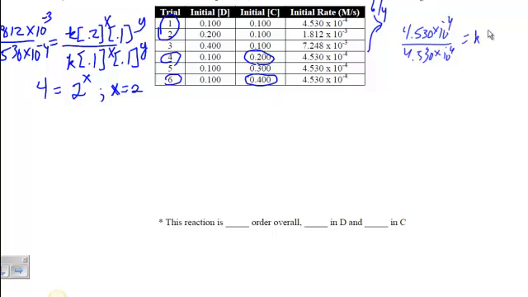Then setting them equal to the constant times the rest of the equation for both trials 6 and 4.